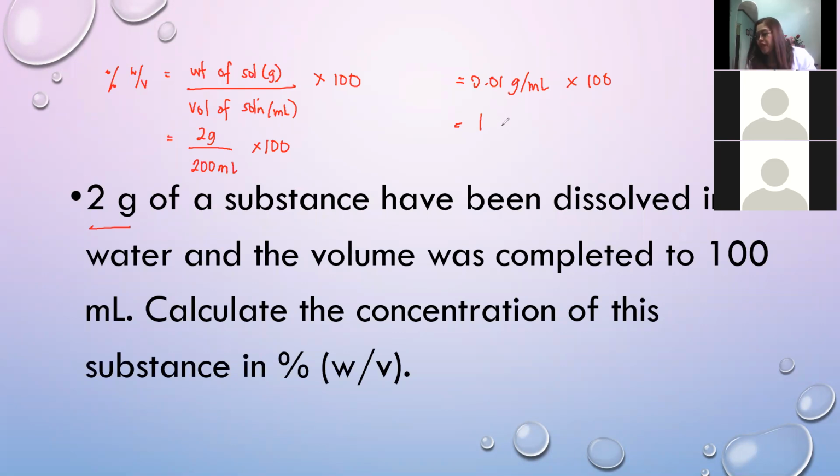Okay. In percent class, we no longer write the grams per ml. Diretso na tayo percent. So, 1%, pero ilagay mo class na weight per volume. So this is how you express the percent.